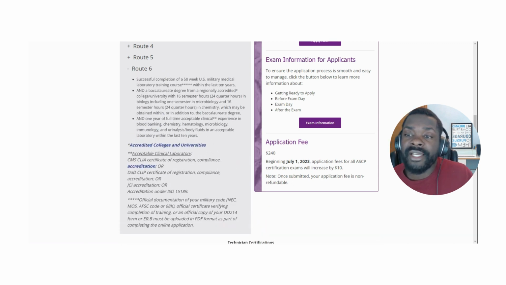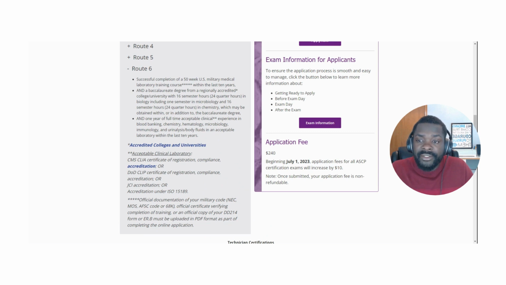Now let's go to Route 6. Here, one, you have to have had a successful completion of a 50-week US military medical laboratory training course within the last 10 years. Two, a bachelor's degree from an accredited university, all right, with some semesters in biology and microbiology and chemistry and all that, all right.